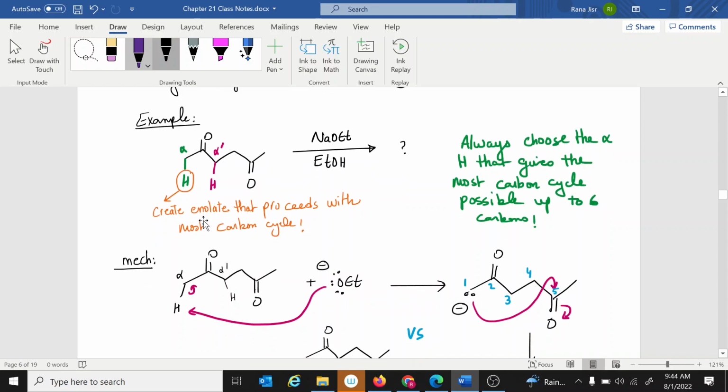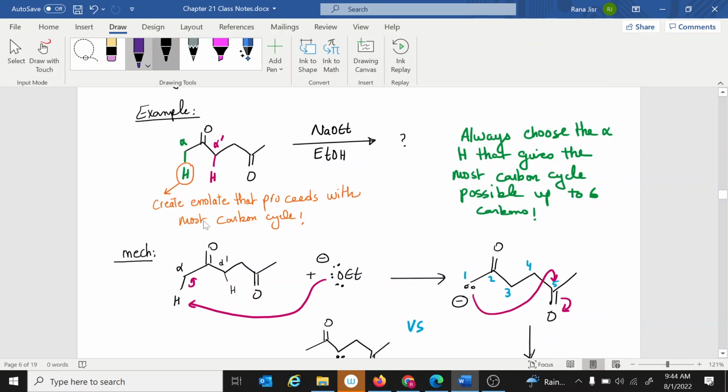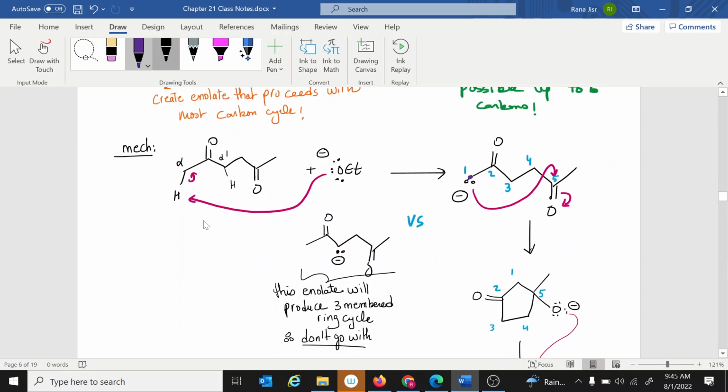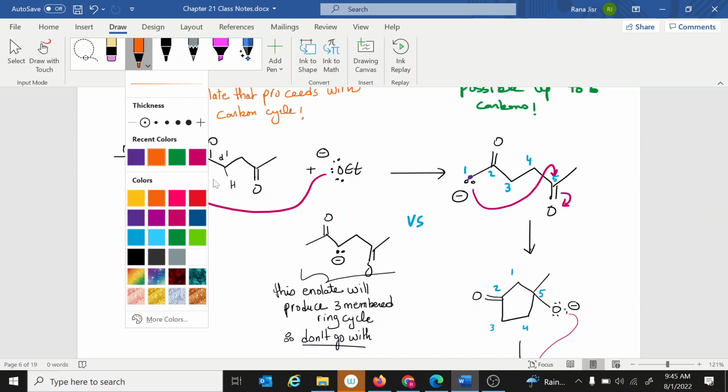This is why I went with the alpha and I didn't go with the alpha prime. Because if I go with the alpha and create an enolate, the enolate is going to be on this carbon. And then this enolate is going to come and attack the second carbonyl, and I'm going to form a cycle of 5 carbons, versus if I let the base attack the alpha prime hydrogen, then in this case, let's number the carbons.